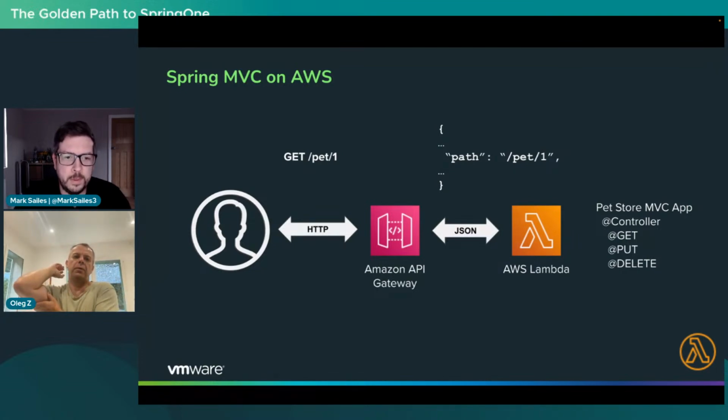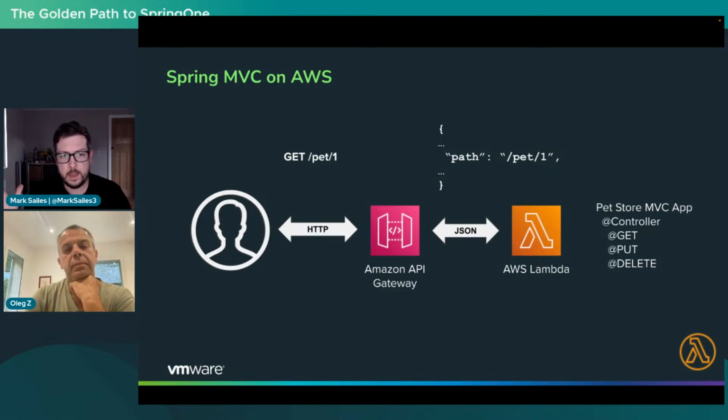Yeah, so Oleg was describing deploying a Spring MVC app. I'm thinking, how does my programming model work, and how does the infrastructure work when I have a controller with a set of HTTP verbs? So let's just talk through a request. If a customer makes an HTTP request, it comes into API Gateway, and that HTTP TCP connection is basically managed by API Gateway.